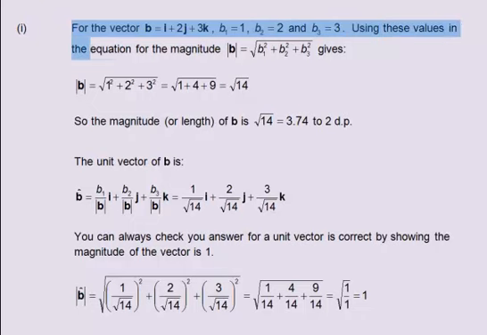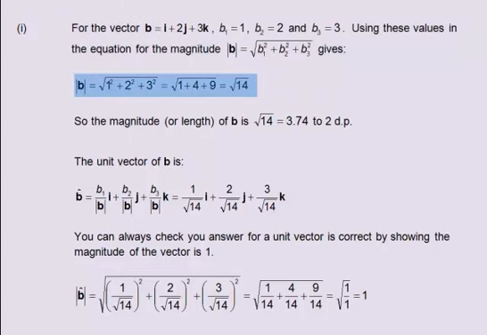Using these values in the equation for the magnitude of b equals the square root of b1 squared plus b2 squared plus b3 squared gives the magnitude of b equals the square root of 1 squared plus 2 squared plus 3 squared, which equals the square root of 1 plus 4 plus 9, which equals the square root of 14. So the magnitude or length of b is the square root of 14, which equals 3.74 to 2 decimal places.